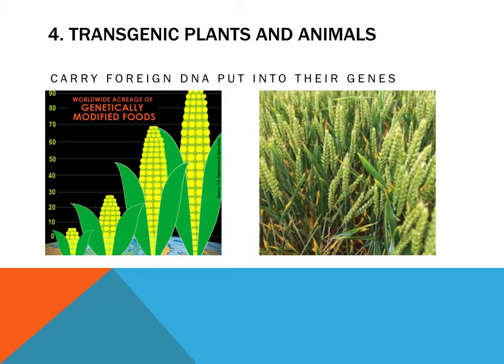Our fourth section is transgenic plants and animals. Once you change the DNA of a plant and animal, it becomes transgenic. That means now they carry the genes of some other plant and animal within them. So as we can see here, corn has been genetically modified. That means corn now has the DNA from other plants and animals.